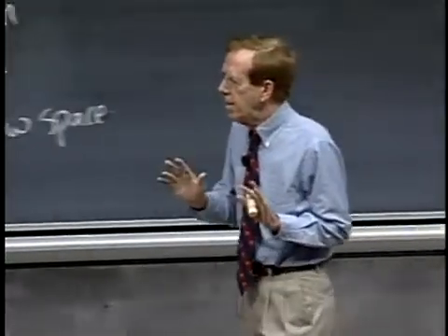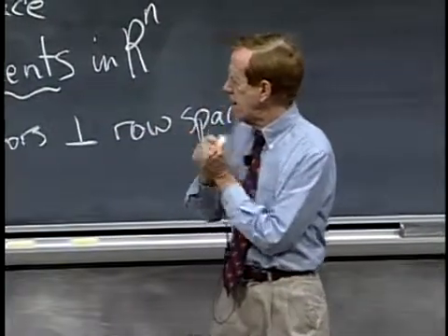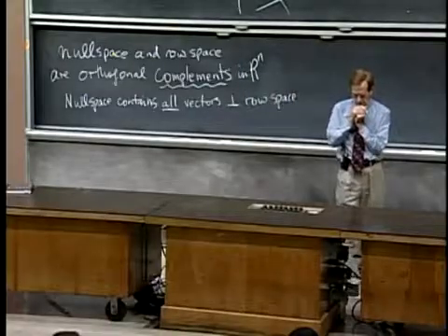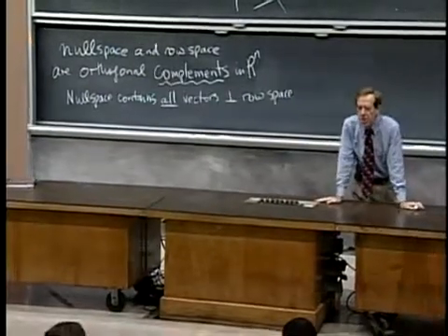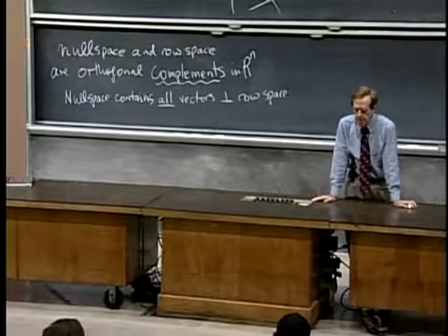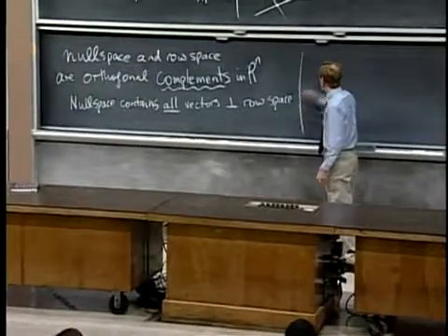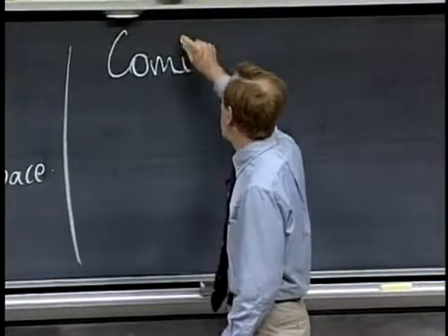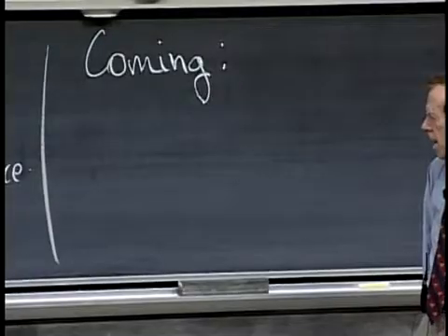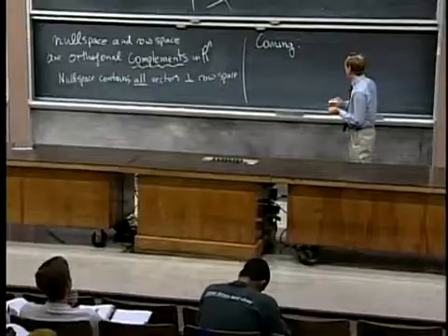So I'm happy with that geometry right now. Okay. Now what's my next goal in this chapter? It's the main problem of the chapter. This is the very last chapter that's about Ax equal b.